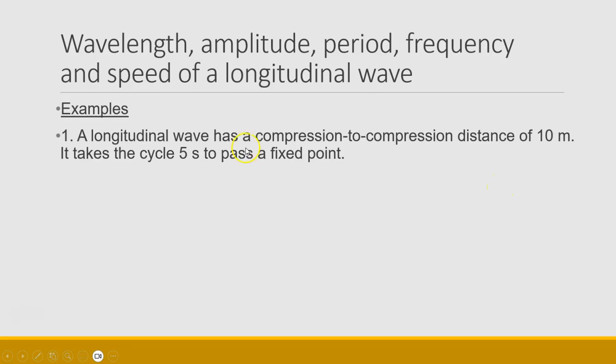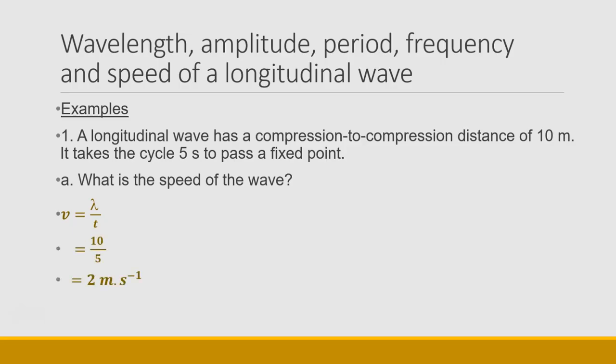So we have the wavelength and the period of the wave. The first question is, what is the speed of the wave? We may calculate the speed of the wave as the wavelength divided by the period, which is 10 divided by 5, and the answer is 2 meters per second, because speed is measured in meters per second.